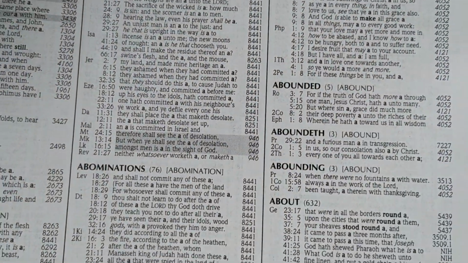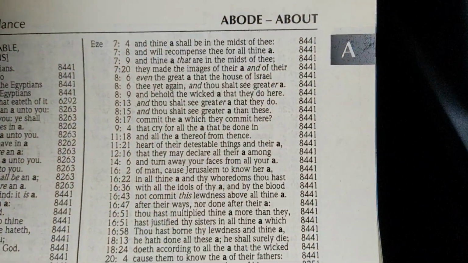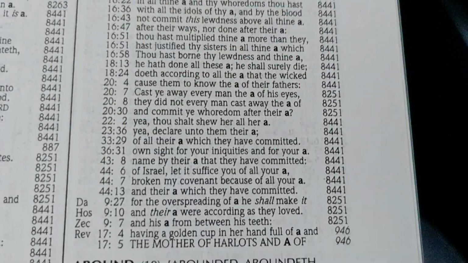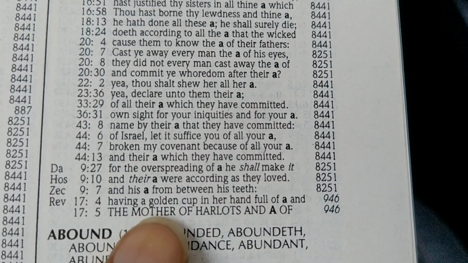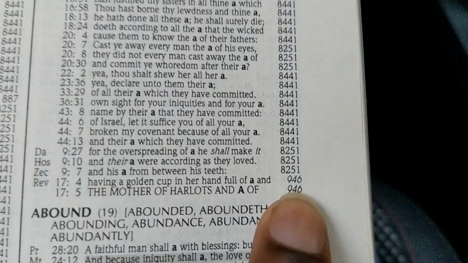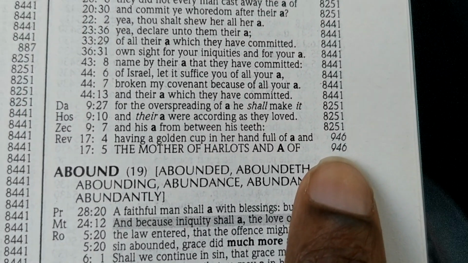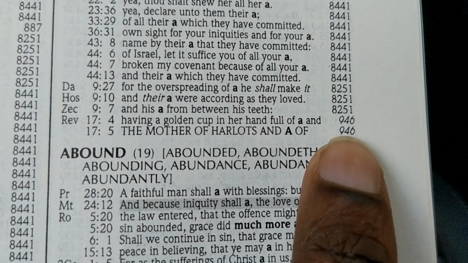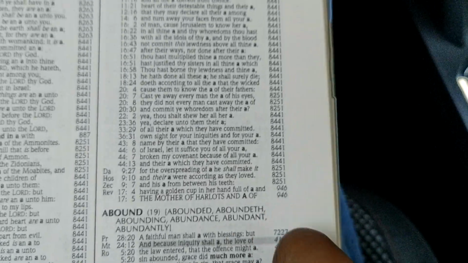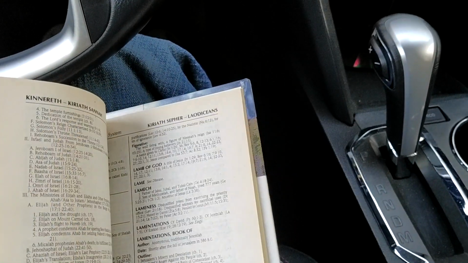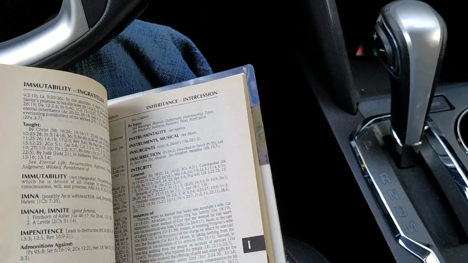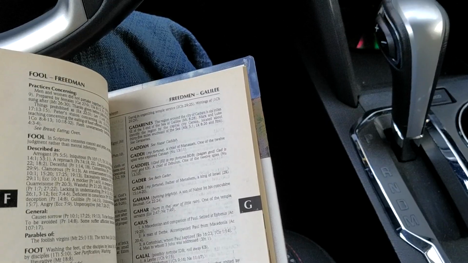So let's look for a word in the Greek, because all of that so far is in the Old Testament. So the Greek comes down here. Revelation is the only place in the New Testament where abominations occurs. If you want to find it, we go to 946 in the Greek dictionary, and it's all the way in the back. 946.